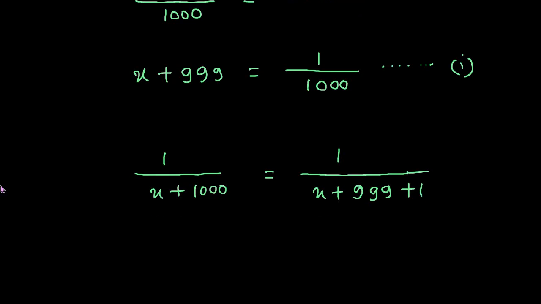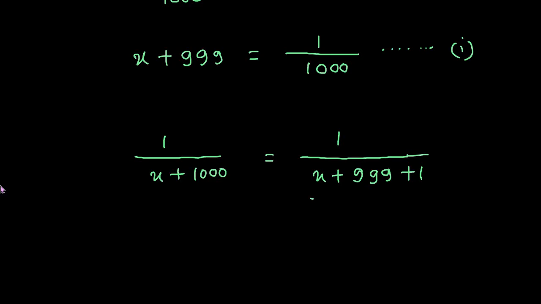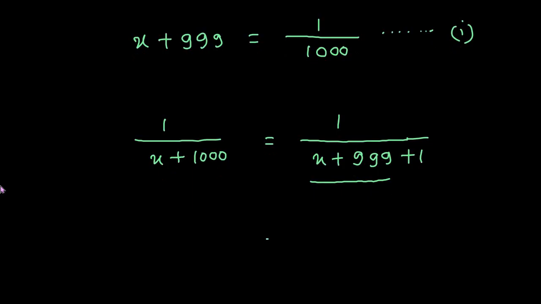Now we can put the value of x + 999 from equation number 1 and write 1/(1/1000 + 1).